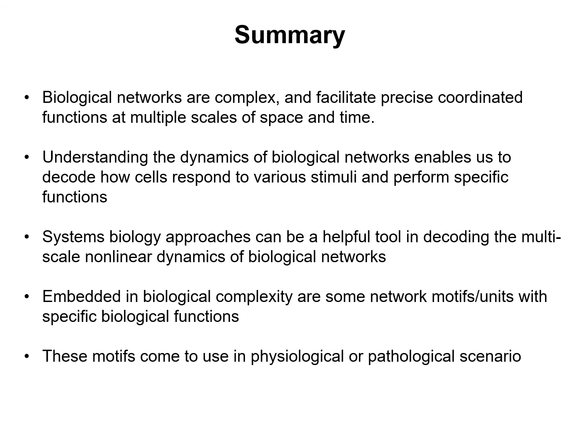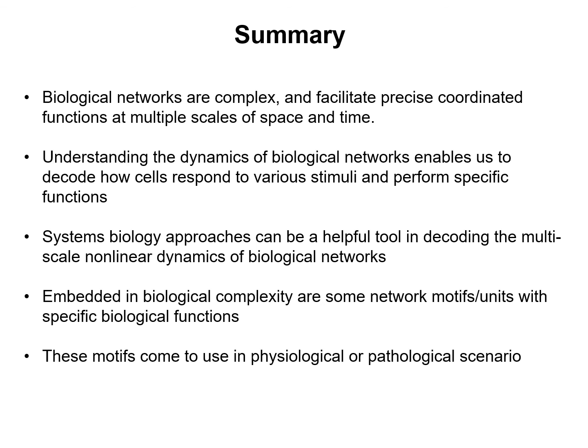Again, as we discussed, negative feedback loops have a function of adaptation. It is used in our normal homeostatic condition, and it can also be used by cancer cells in trying to adapt to different therapies that are being given.